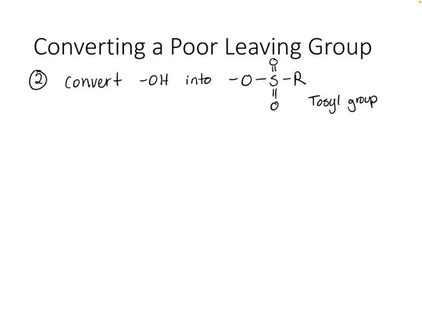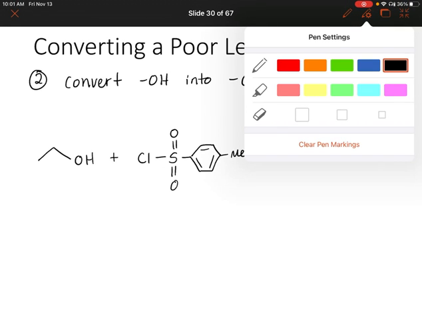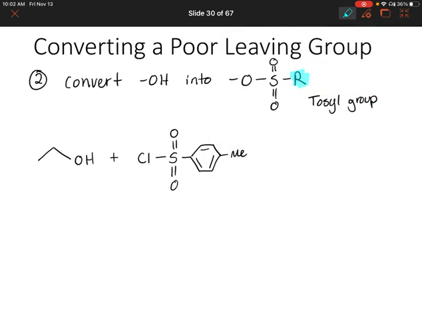So let's say we have the same alcohol that we had before. We're going to react that with something called tosyl chloride. And we have a methyl group off to the end there. And I drew an R up above, but that is just the alkyl group off to the side.